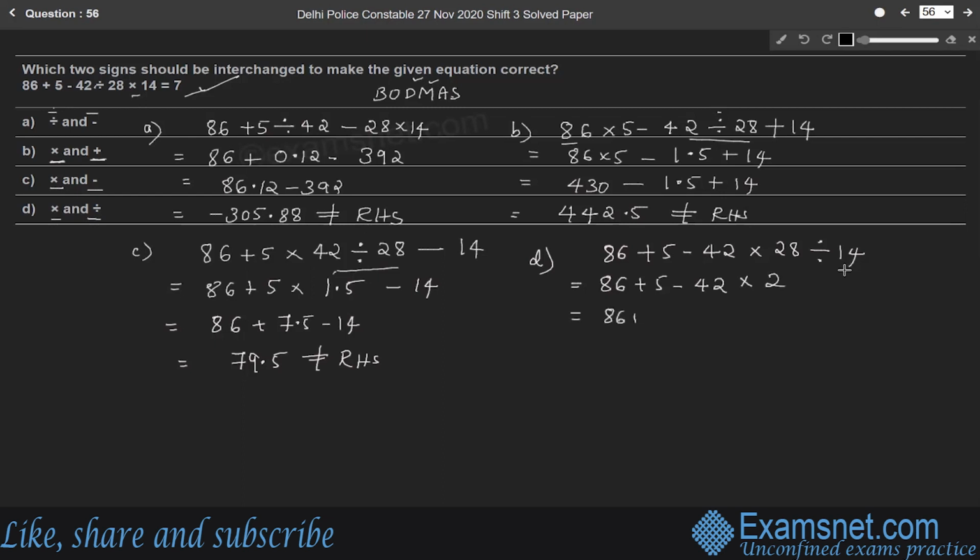So 86 plus 5 minus 84, which is equal to 2 plus 5, which is 7, is equal to RHS. Therefore, option D is the right answer.